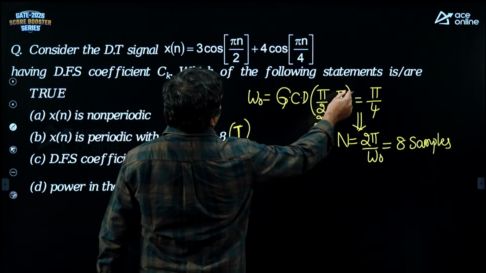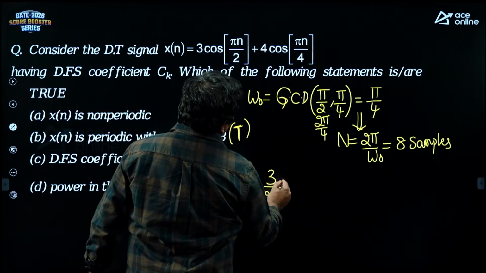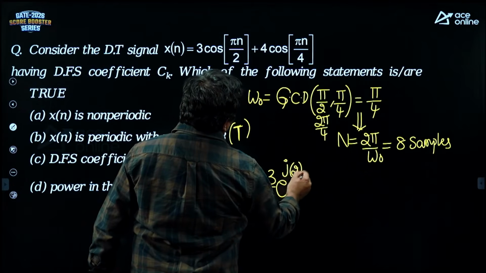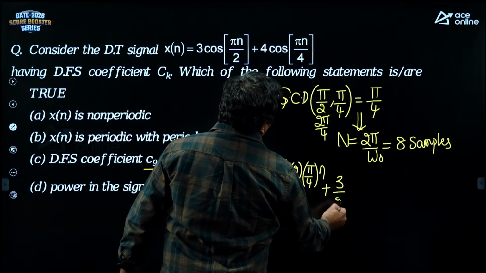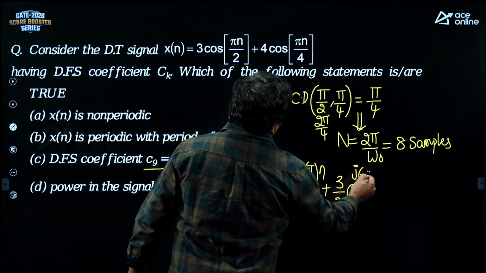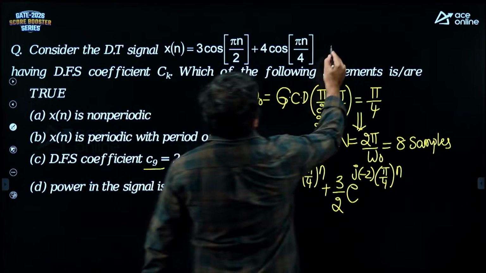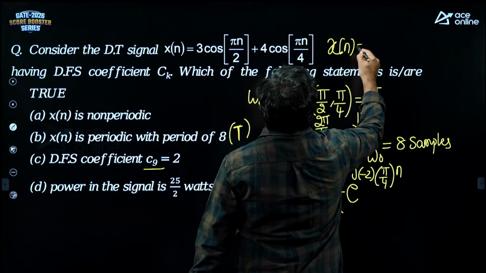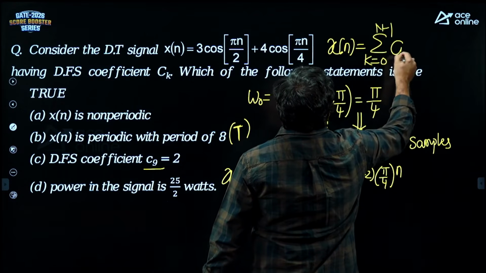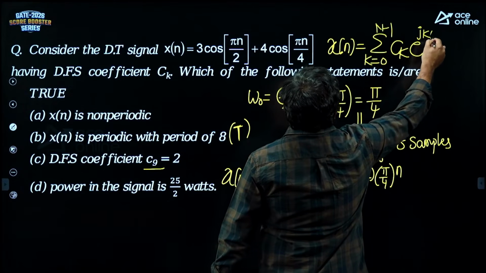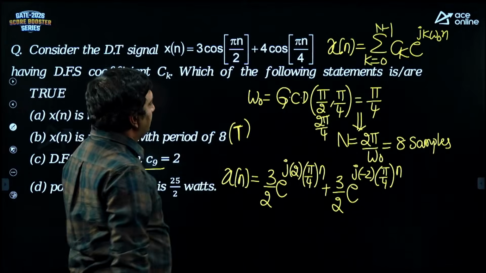By clearly showing the fundamental frequency, 3 by 2 e power j 2 into pi by 4 into n, 3 by 2 e power j minus 2 into pi by 4 into n, I am expressing it in the form of sigma 0 to N minus 1 ck e power j k omega naught n.